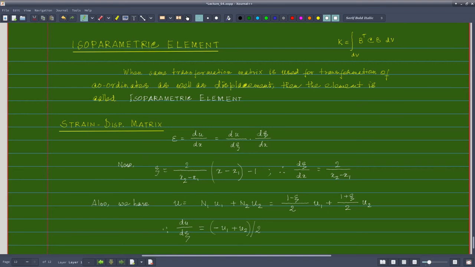From this expression, if I differentiate with respect to xi, I get minus half of u1 and plus half of u2.